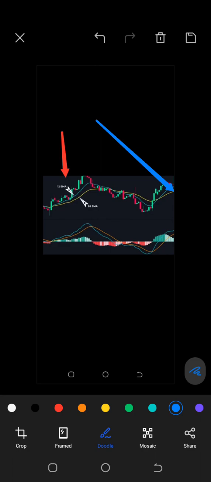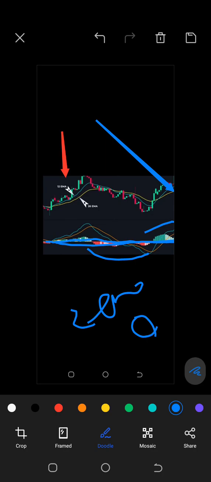You see the line that separates the red histogram and the green histogram, that division there is called the zero line. So that's what we see on our Royal Q. You see something like greater than 0, and then something like lesser than 0.